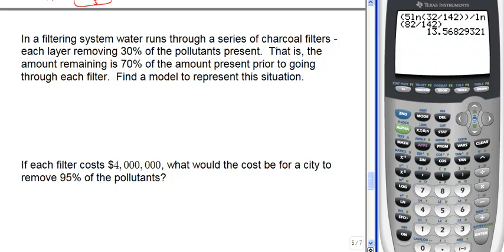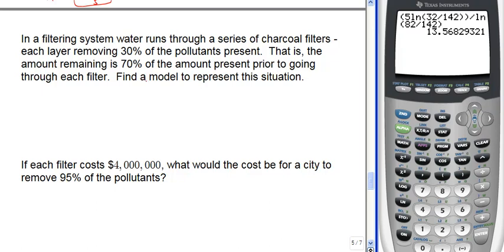So that is, the amount remaining of pollutants is 70% of the amount present prior to going through each filter. We want to find a model to represent this situation. So each time the water runs through a filter, it's removing 30% but leaving 70% of those pollutants still in the water system.